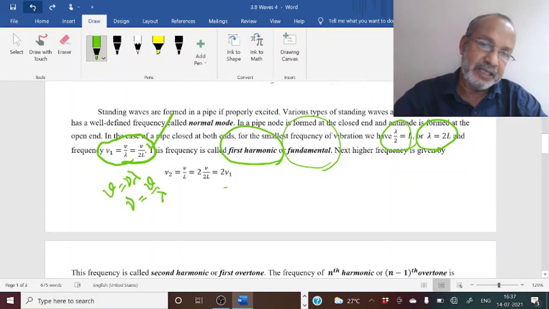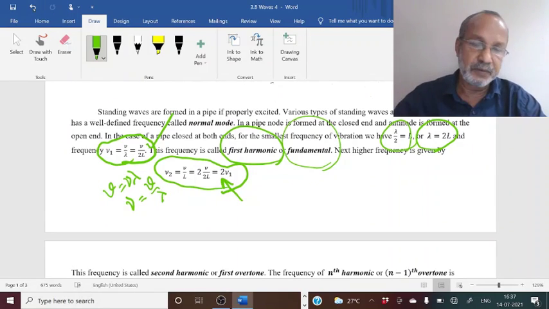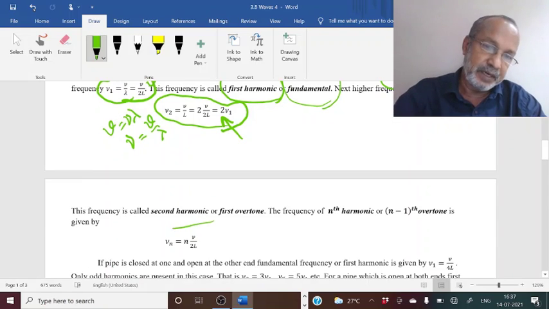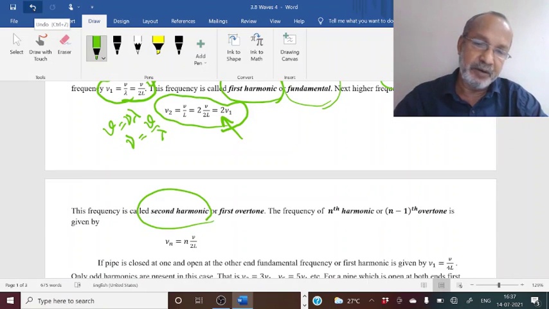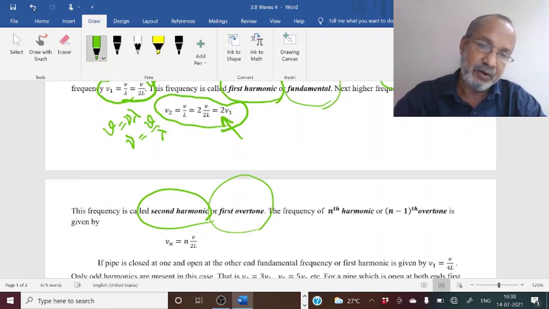And in the second case, the frequency nu 2 is found to be twice the first frequency. So it is called second harmonic. And in the other terminology, it is also called first overtone. So we have first harmonic, second harmonic, and in the other terminology, fundamental and first overtone.